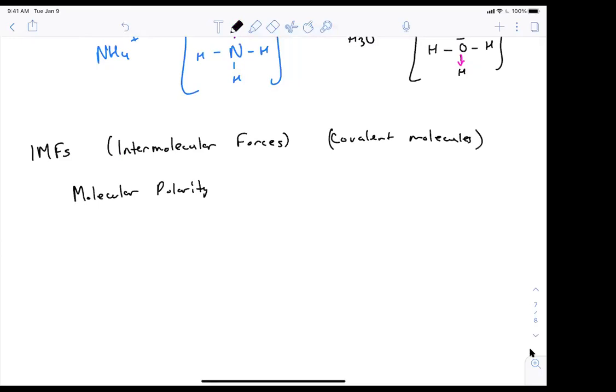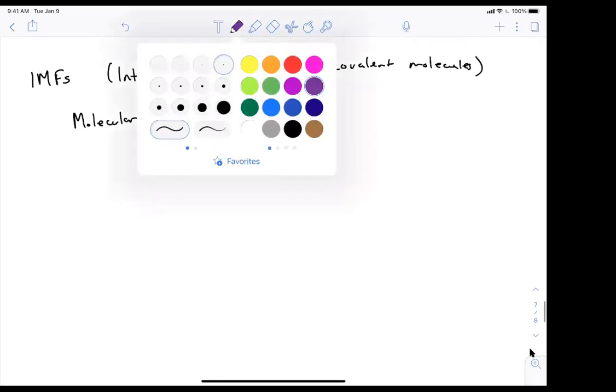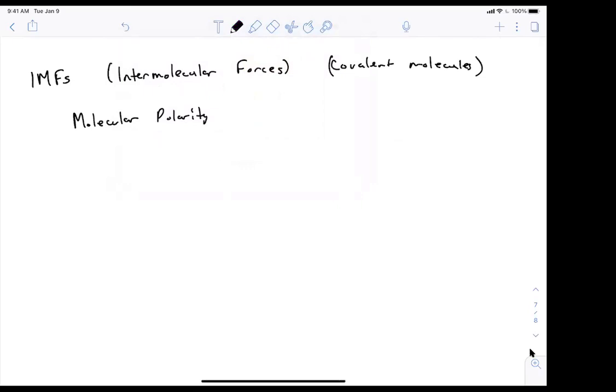This does factor in bond polarity, but you want an overall difference of polarity to form a polar molecule. And so there are 3 degrees of IMFs for covalent molecules.